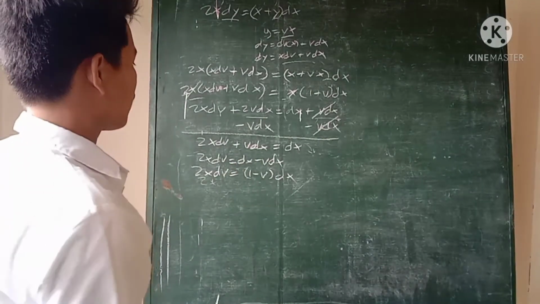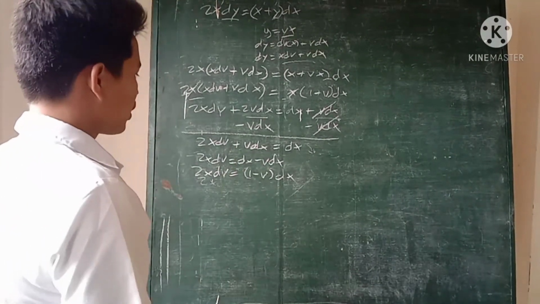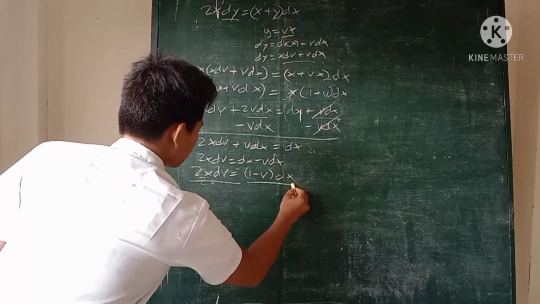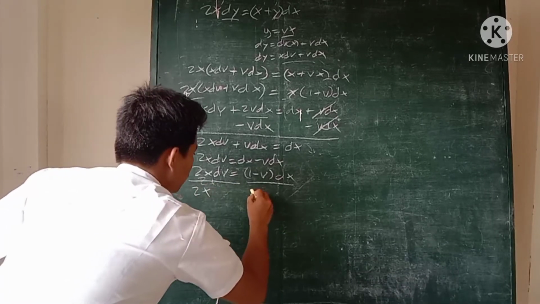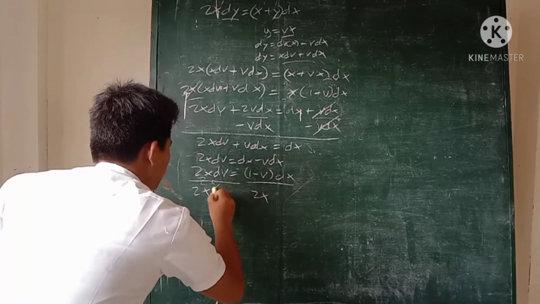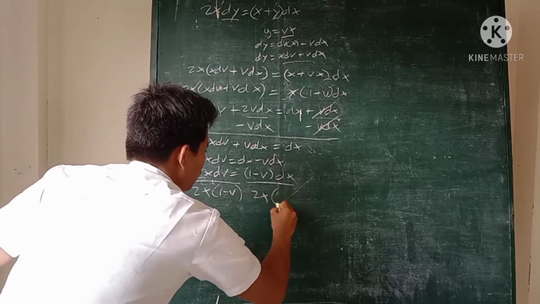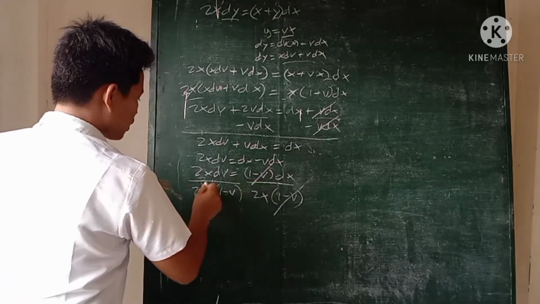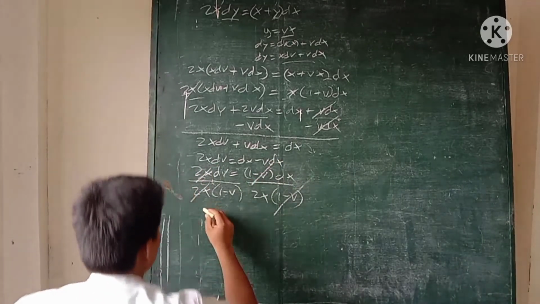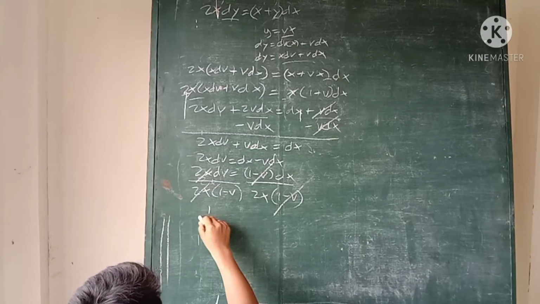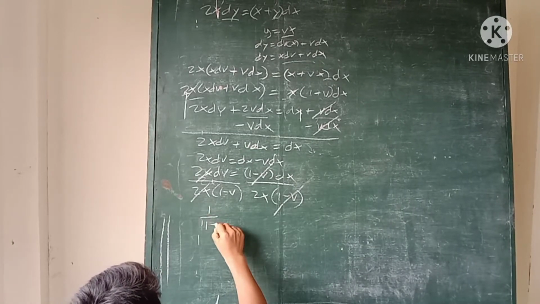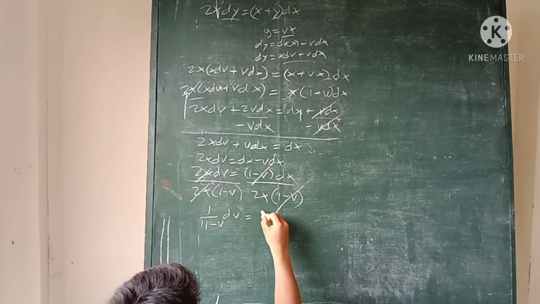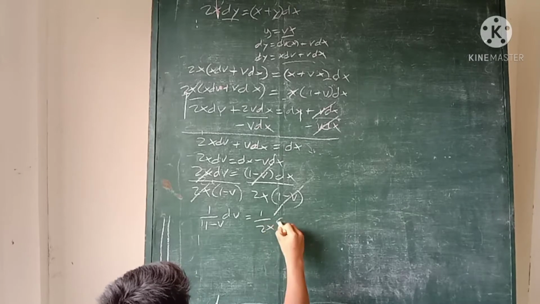Since 2x dv equals 1 minus v dx, we need to divide by 2x and 1 minus v. So cancel 1 minus v, cancel 2x. So the remaining is 1 over 1 minus v dv equals 1 over 2x dx.